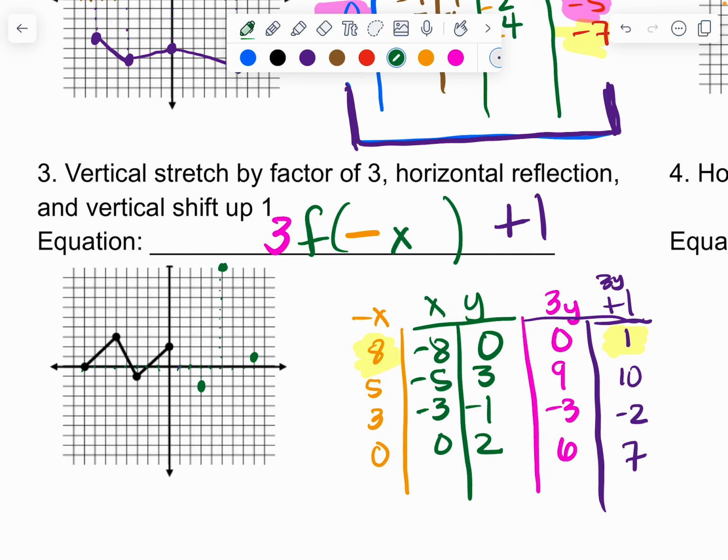And 6, 7. Okay, something feels weird. Oh, that's why. 0, 7 is what it should be. 1, 2, 3, 4, 5, 6, 7. There we go. And there we have it.